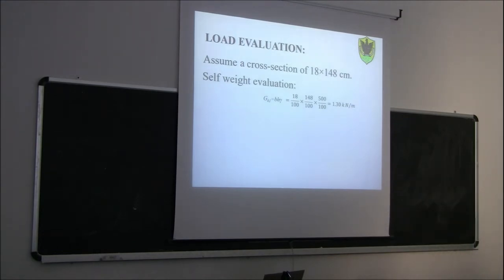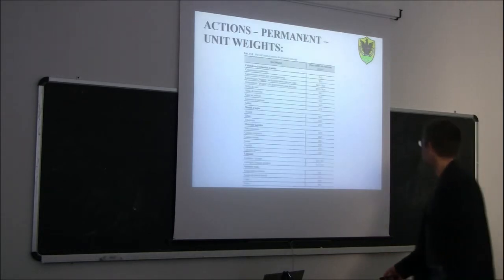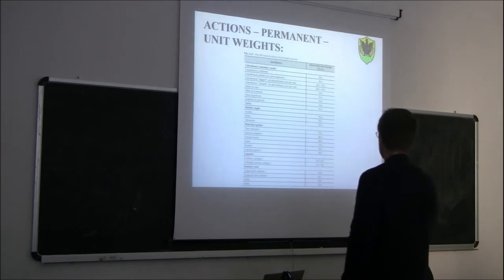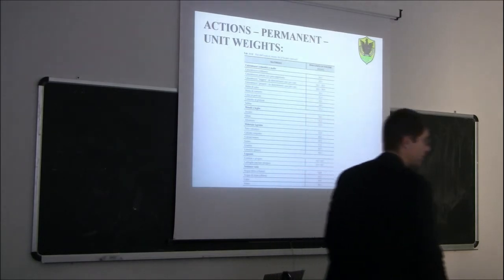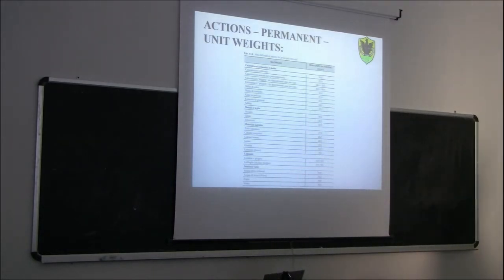One way is to look into the table given by the national regulation. So this one, timber, so conifer and poplars from 4 to 6. And of course, if you don't know, you just take the average, so 5.